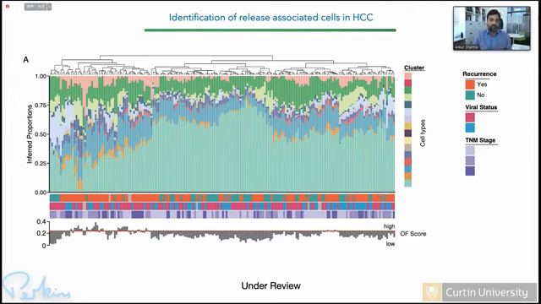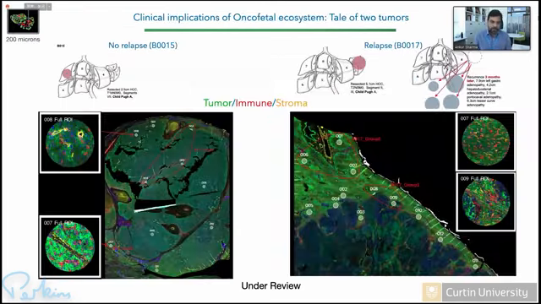And we could identify the proportion of various cell populations. And we found this group very interesting because most of the patients in this group relapsed and they have a very high oncofetal score. And I'm not going into the detail of how we calculate the oncofetal score because this work is still in review, but we could identify cell types which are associated with recurrence in these patients, right?